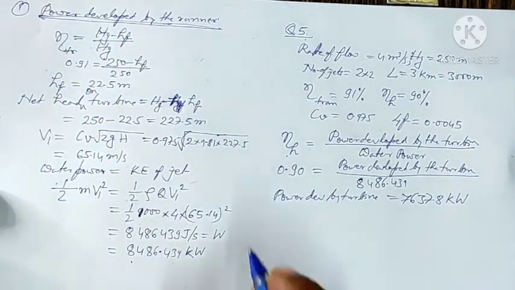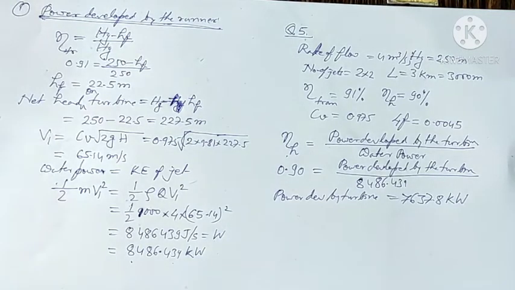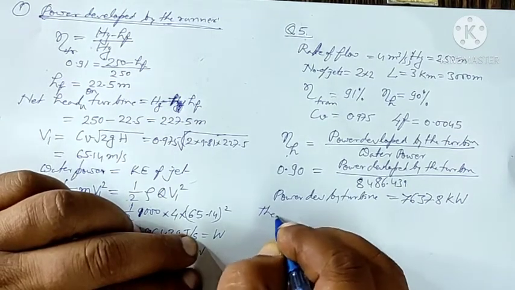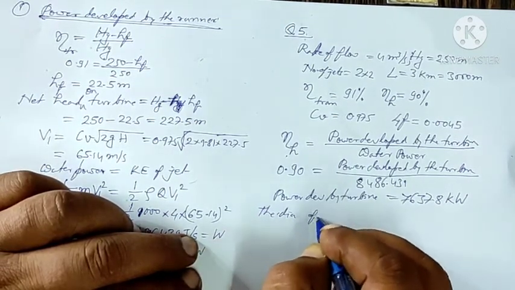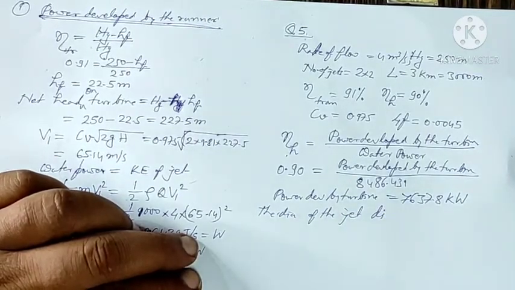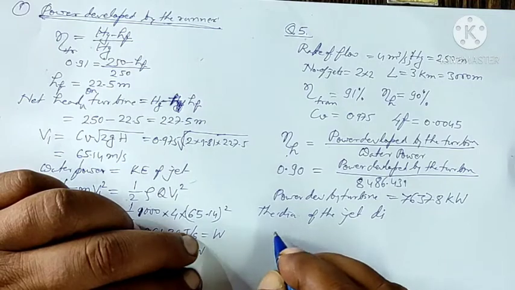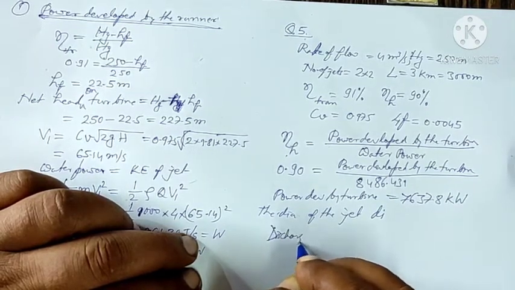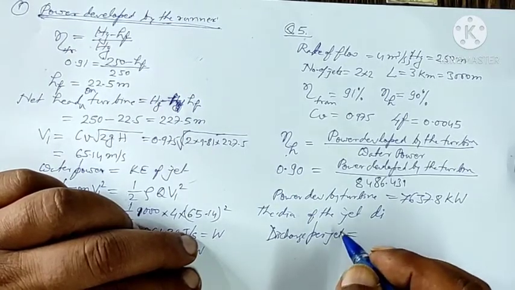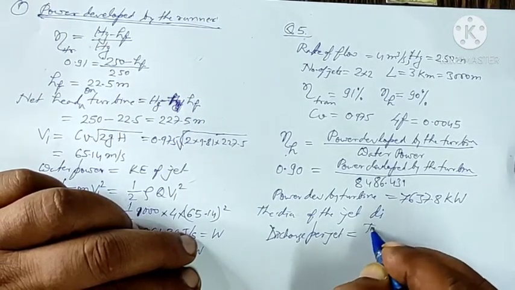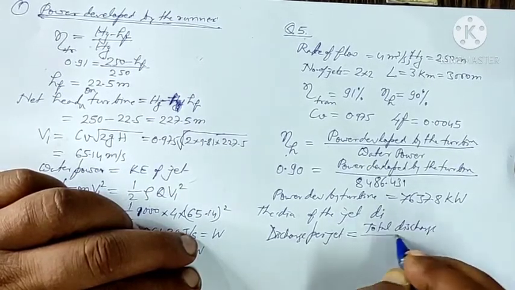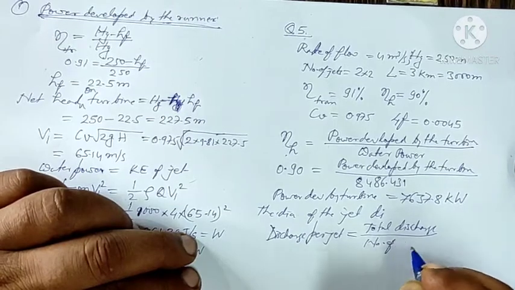Now second, to find out the diameter of the jet, say dj, the diameter of the jet. We know discharge per jet is equals to total discharge divided by number of jets.